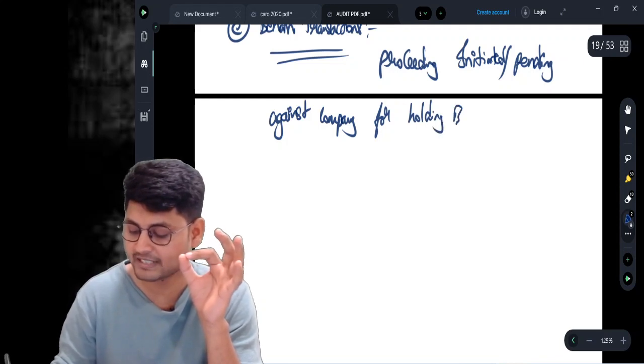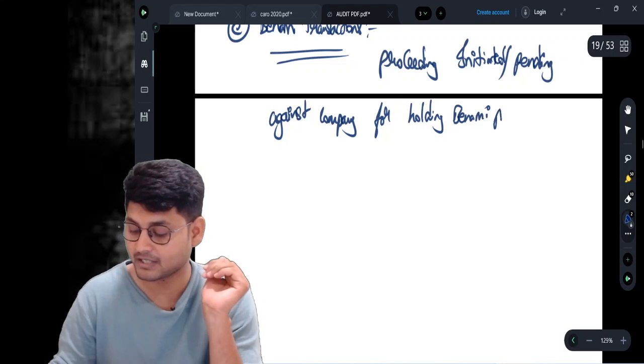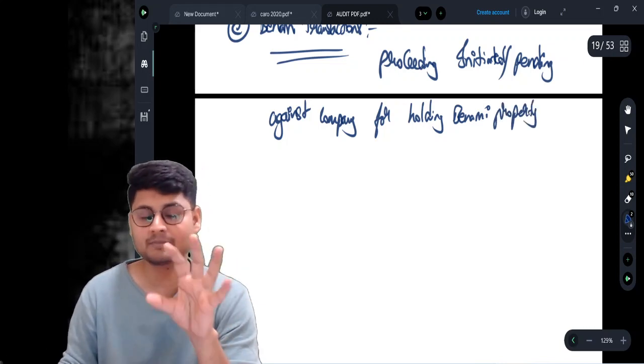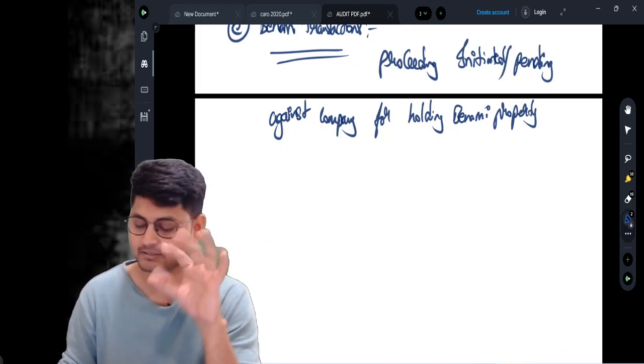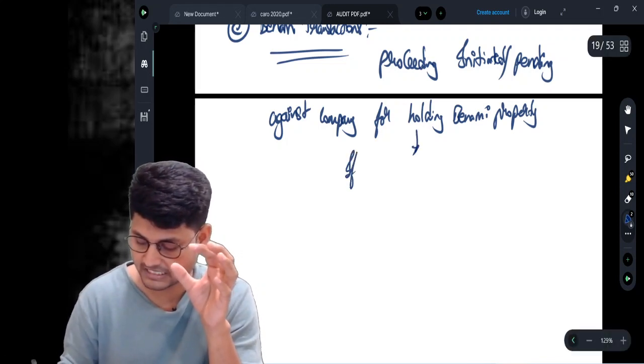What is benami property? Someone else's property is held by the company, benami property which is covered under the Benami Prohibition Act, 1988.